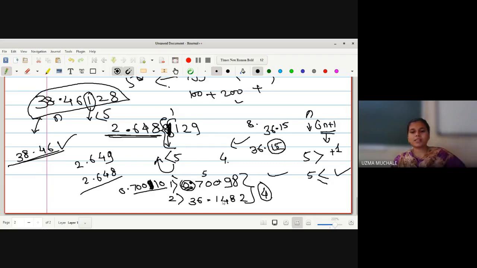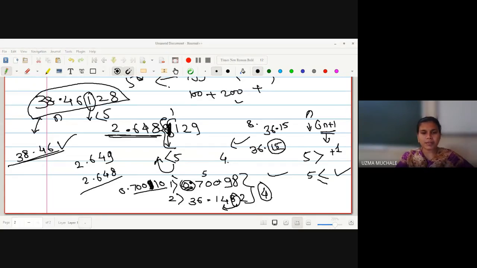Don't read it as a 15 after the decimal. So what is the number? 36.15, because 8 is greater than 5 and hence we have added one. Okay. So these are simple examples. You can have MCQ type questions for this one.